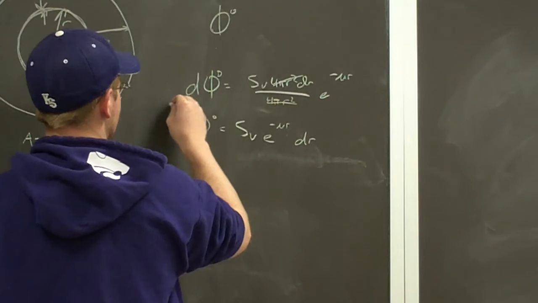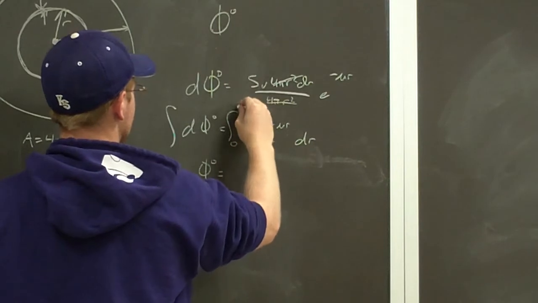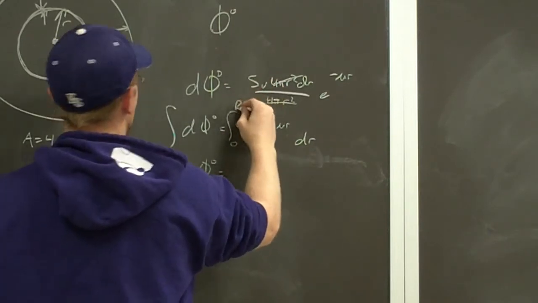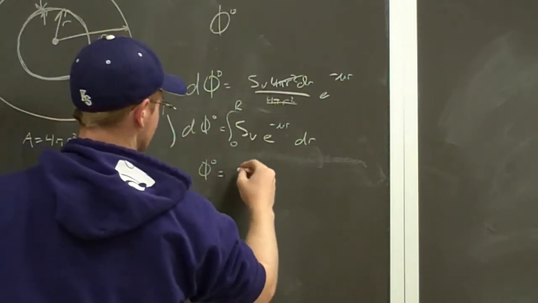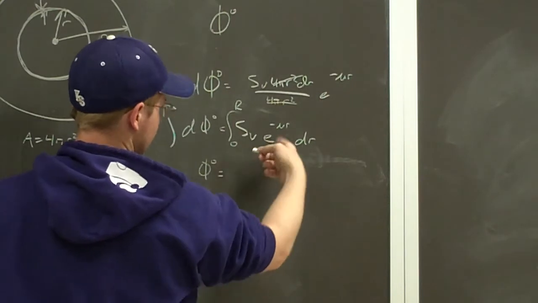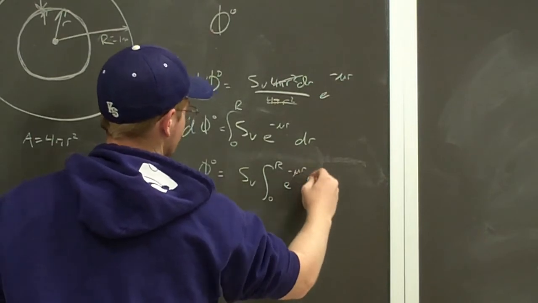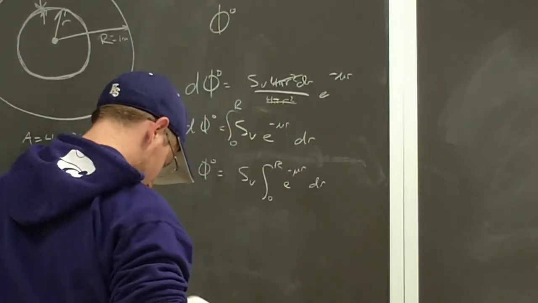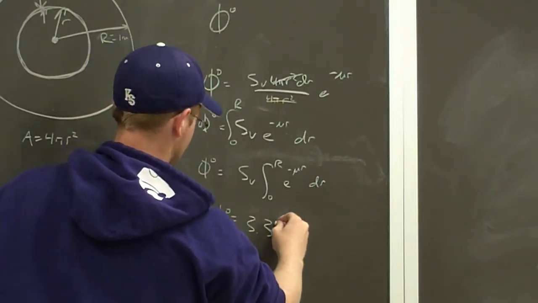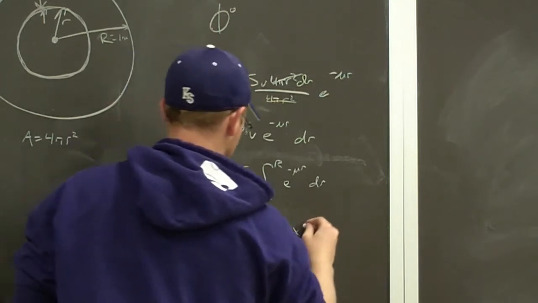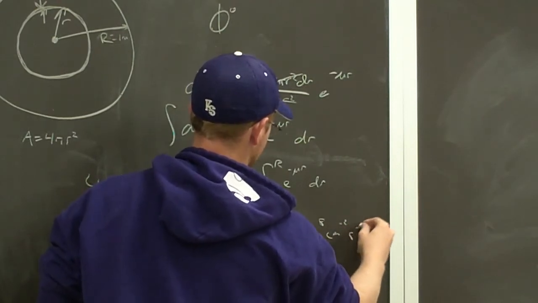We're going to integrate both sides. So you get phi, and we're going to integrate this from 0 to big R. SV is a constant, so SV times the integral from 0 to R of e to the minus mu r dr. You end up with 3.38 times 10 to the 8 per centimeter squared per second.